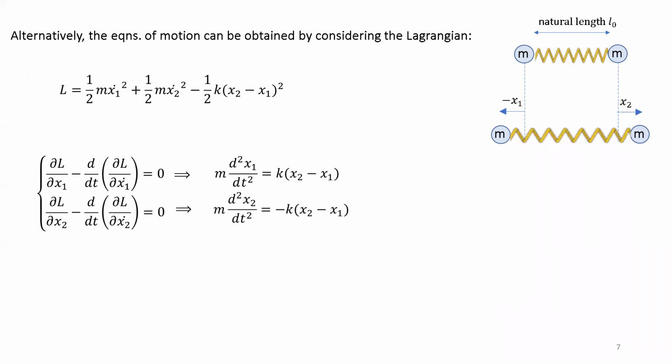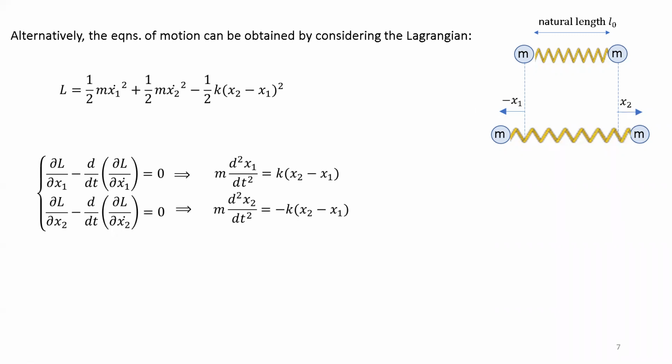But here you'll see that we apply the Lagrangian to multiple particles, and this is two particles. So clearly there are two generalized coordinates. Let me go back to this term. The generalized coordinates that we are using will be x2 and x1.